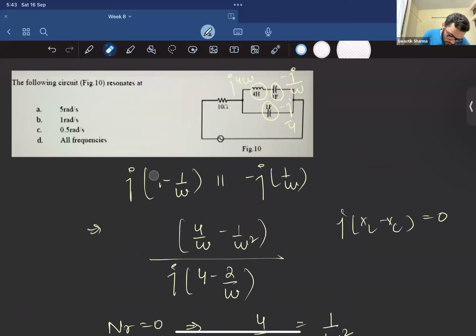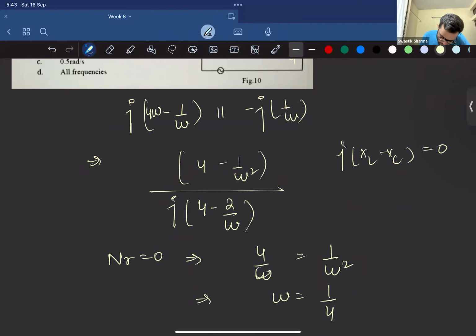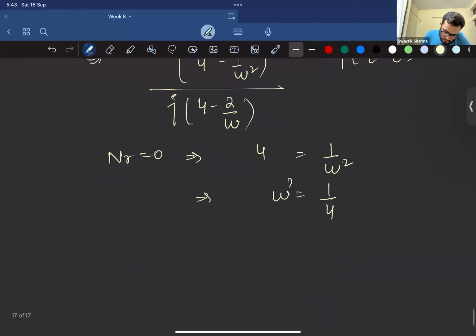I forgot omega over here. So this would be 4 is equal to 1 upon omega square, and omega square is equal to 1 by 4, so omega naught is 1 upon 2, which is 0.5 rad per second.